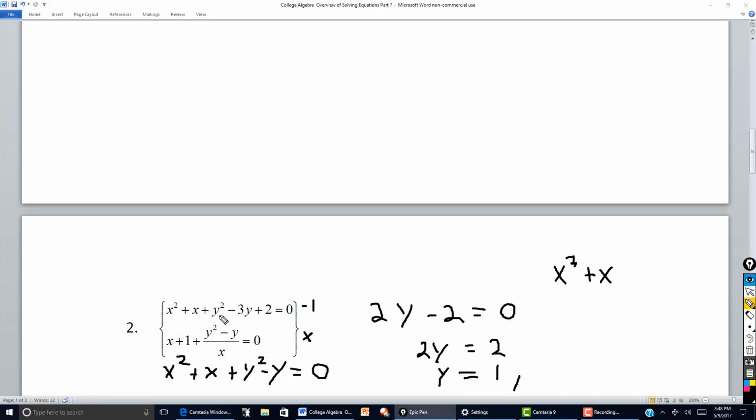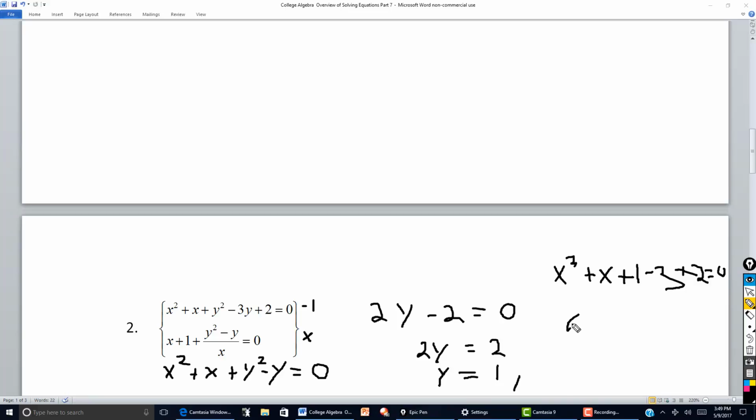So this will be y squared, so it'll be 1 squared, that'll be 1. And then here, minus 3y, but y is 1, so that's minus 3. And then plus 2, equal to 0.